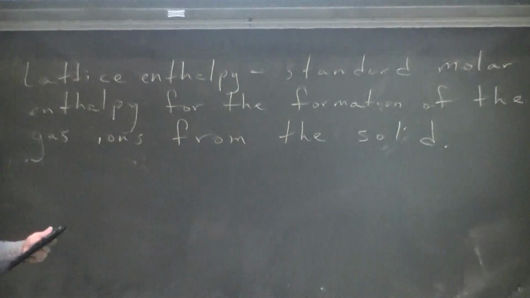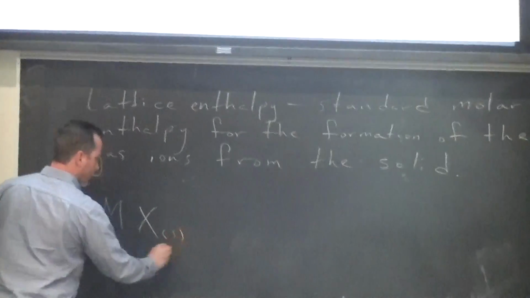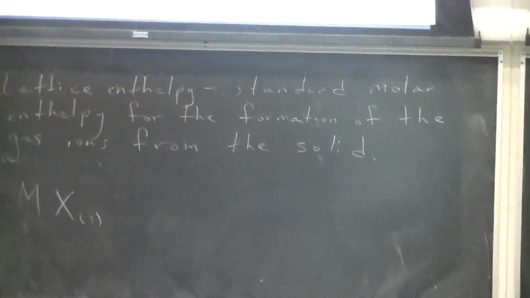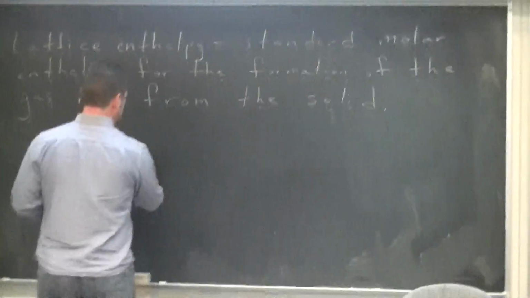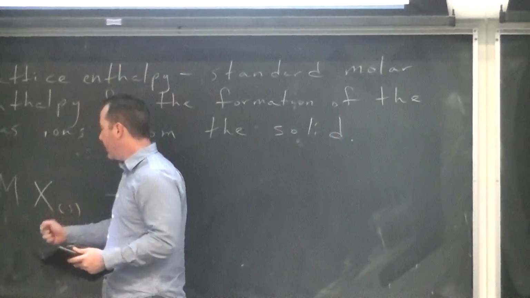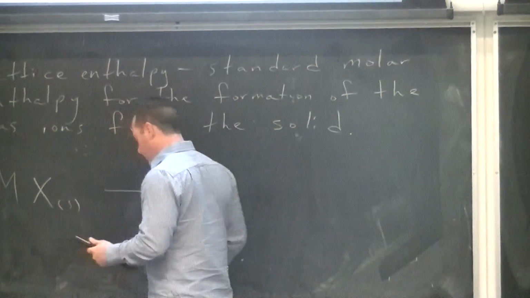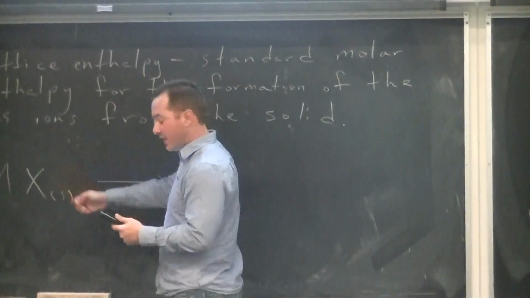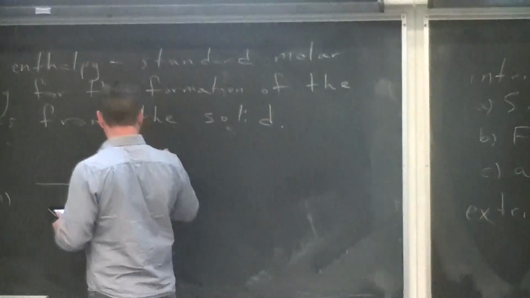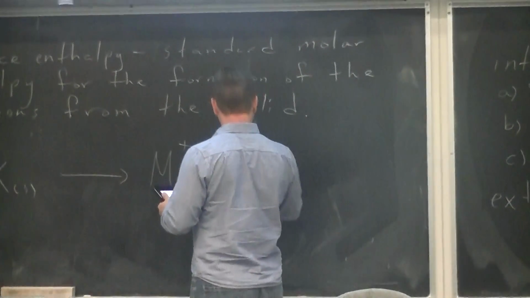And basically what it says is the following. If you have a material, an ionic solid, for example, the lattice enthalpy is the energy that you require to take that material from the solid state to the ions in the gas phase.